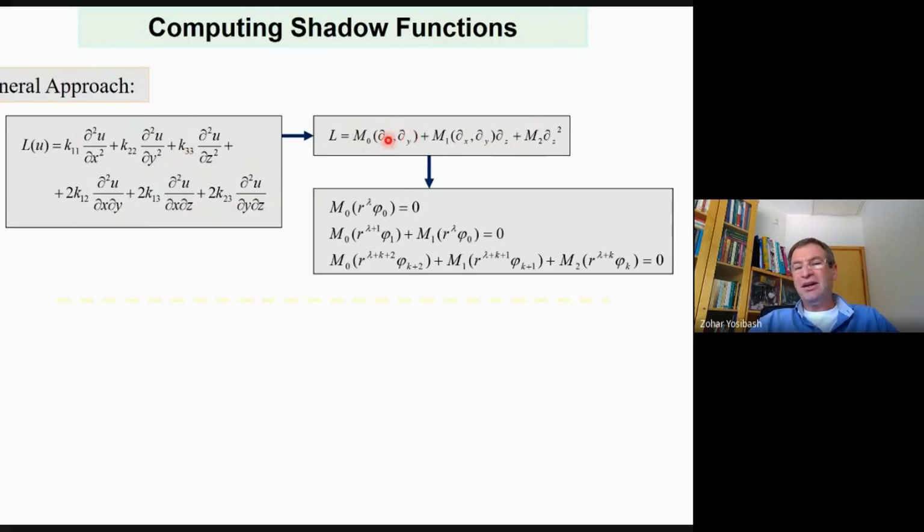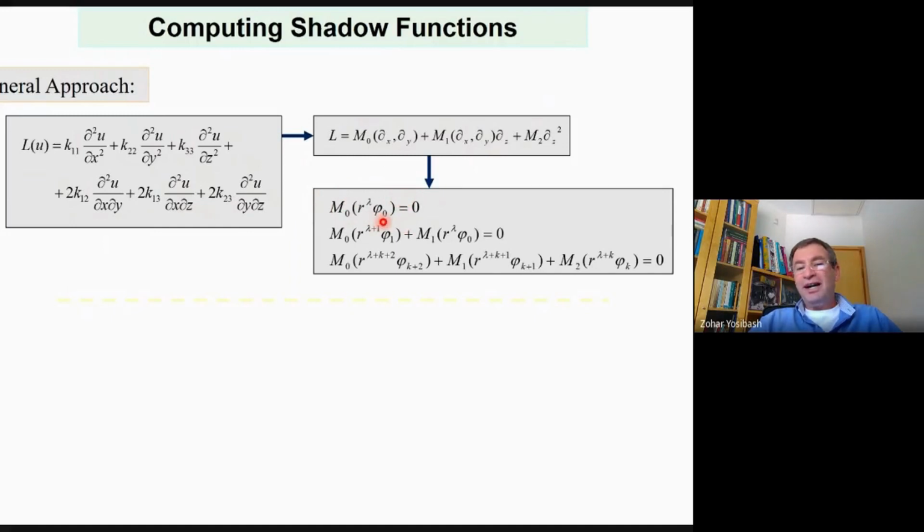So we split our operator into 3, and if we do that, we find a set of equations to compute all the shadows associated with a given eigenvalue. Why is that? Because when we take the solution, which is the sum, and plug it into this operator, we find that a of x3 multiplies this operator, and this is exactly the 2D operator.